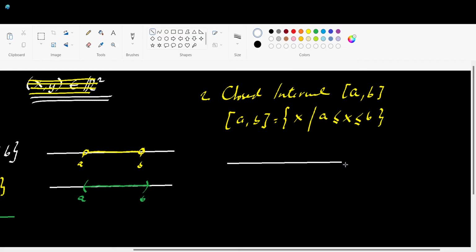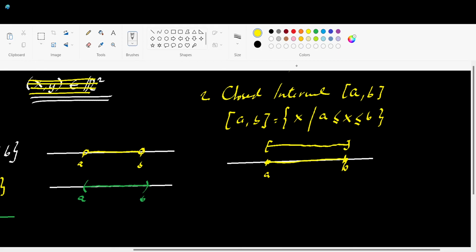So let us illustrate that. a and b, including the endpoints. So it must be a closed circle together with all numbers in between. Or you can use a pair of brackets together with all the numbers in between.